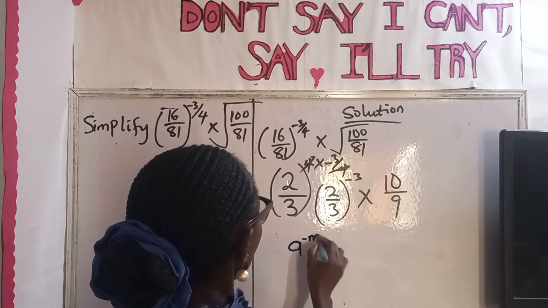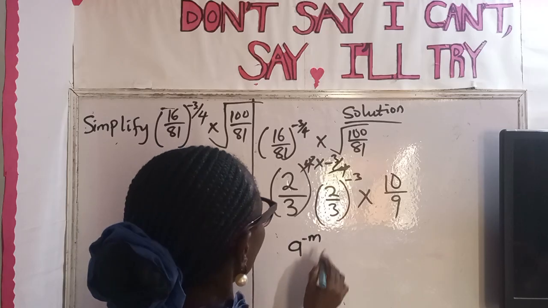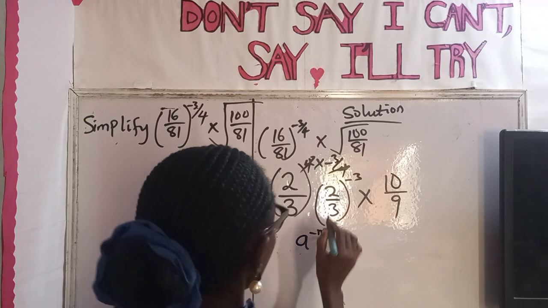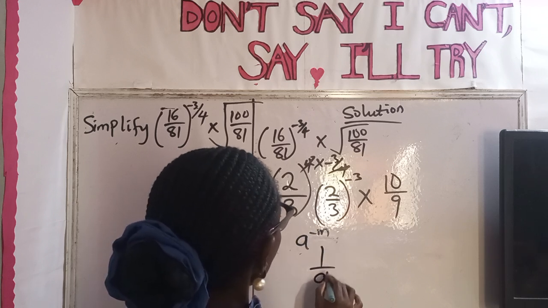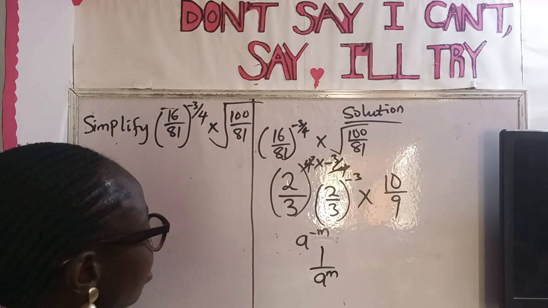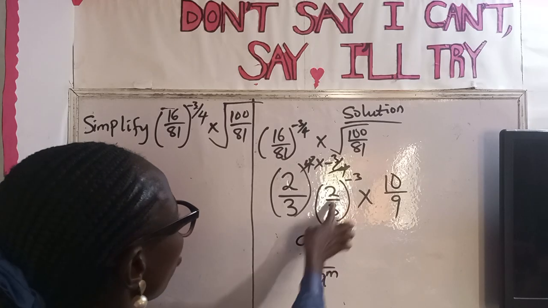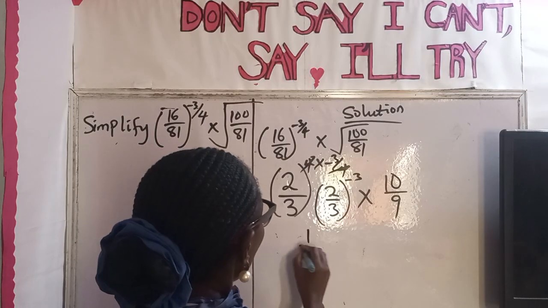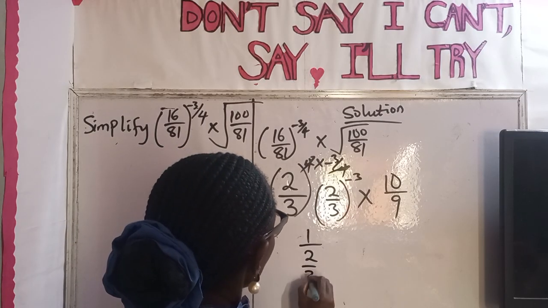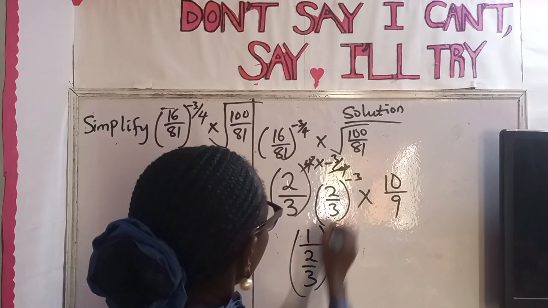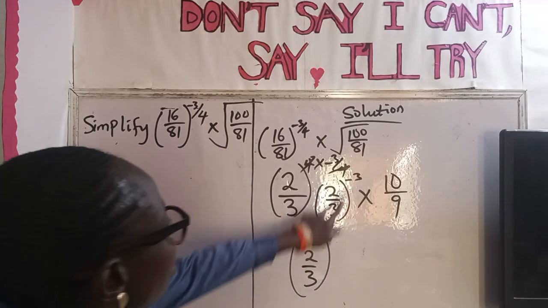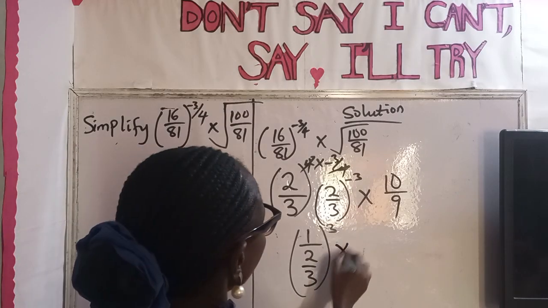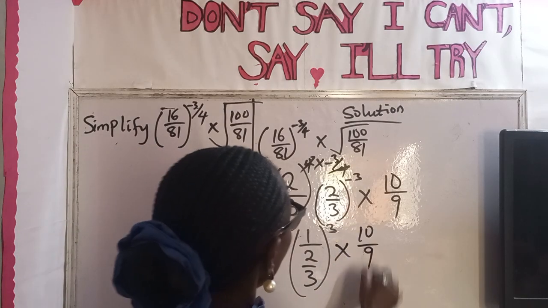The law of indices still says a to the power of minus m can be rewritten as 1 over a to the power of m, right? So, we follow this rule to write this as 1 over (2/3) raised to the power of 3, times 10/9. The minus sign is removed by rewriting it as 1 over (2/3)^3 times 10/9.